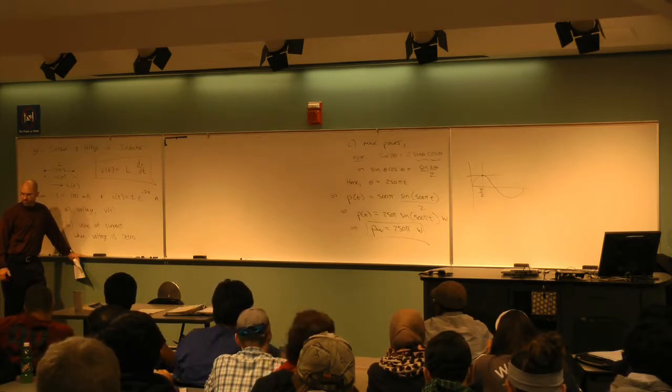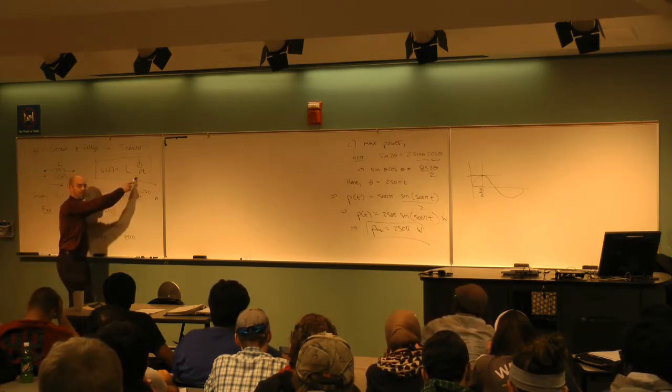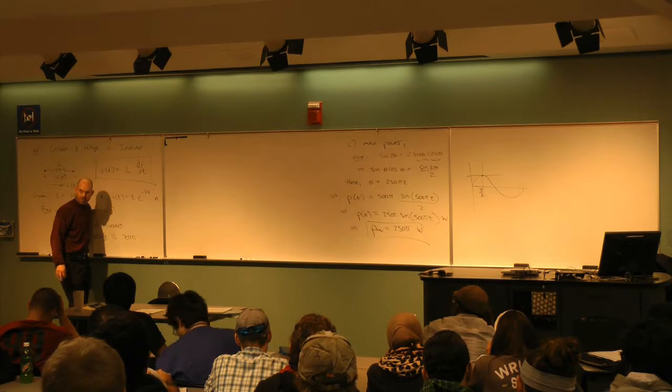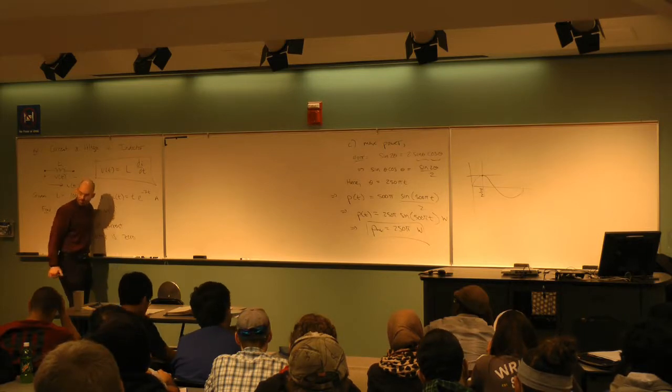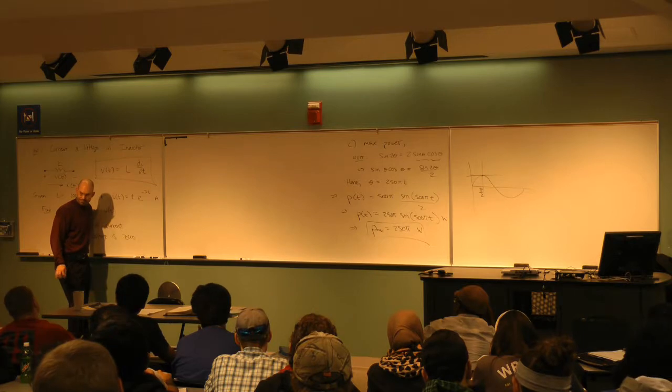Does it mean the current is 0? It means that the slope of the current is 0, right? If the slope of the current is 0, then the current is what? Max or min. Okay, so in fact, right at the point in time where I have no voltage could very well be the most dangerous point.